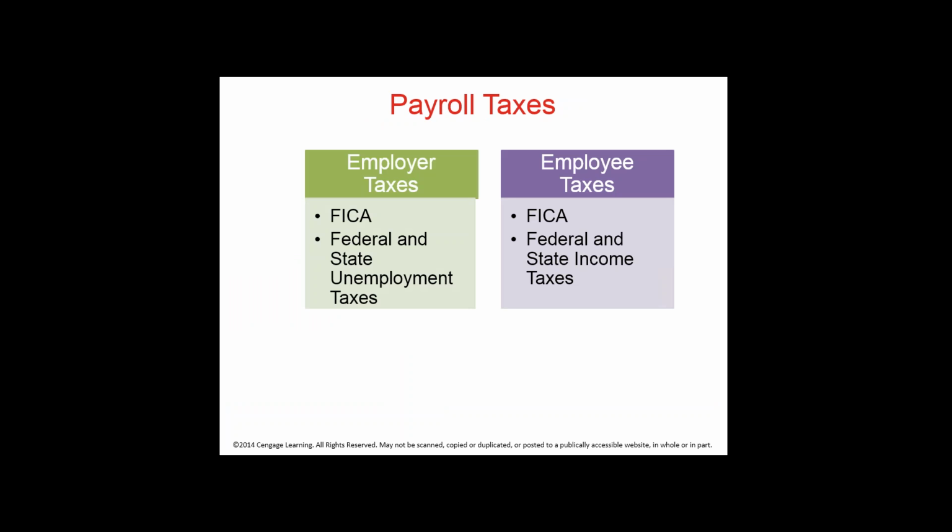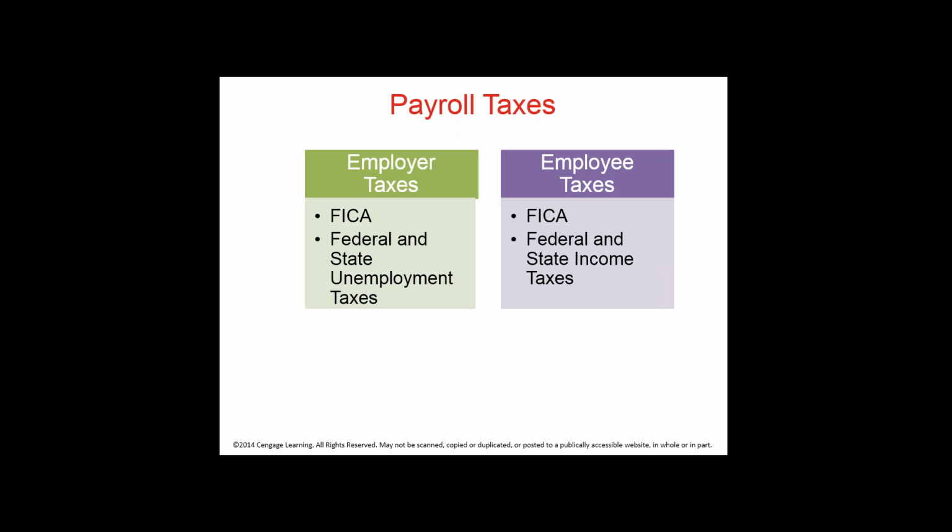In addition to what we pay our employees, there are employer taxes also that the business pays on top of what we pay our employees. Employer taxes include FICA, but wait a minute, that was deducted from the employee's pay.